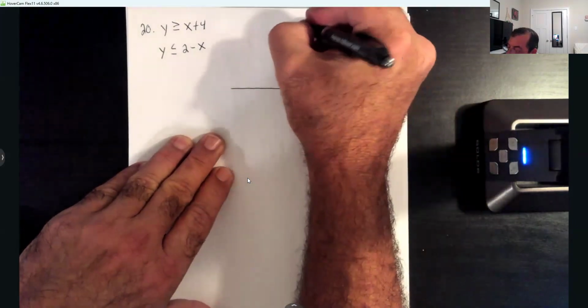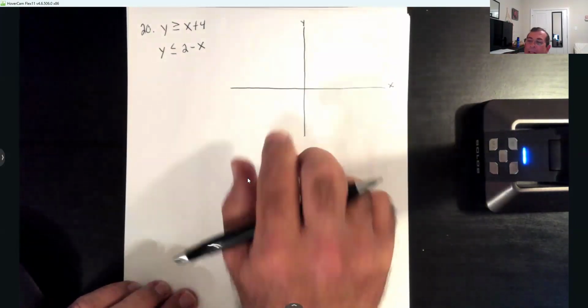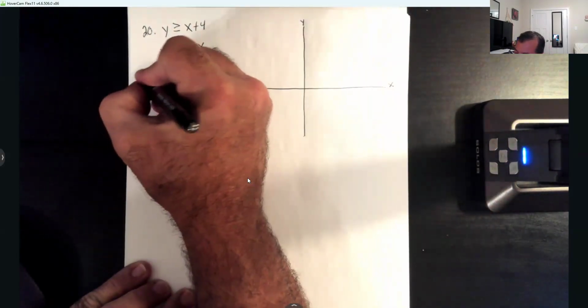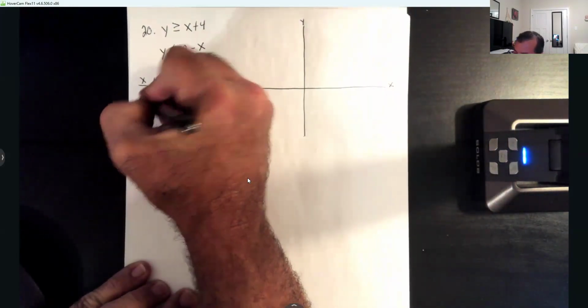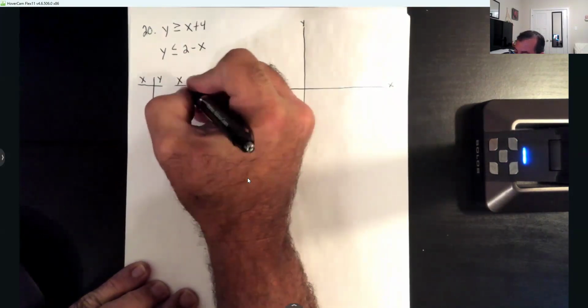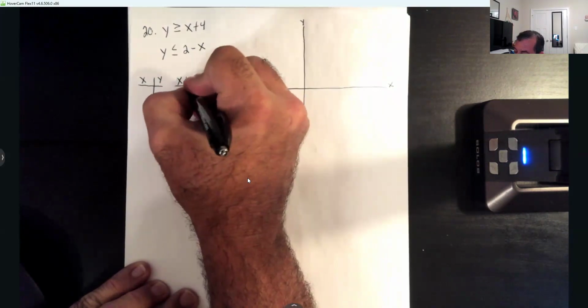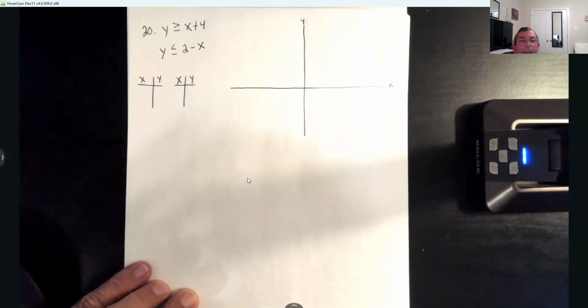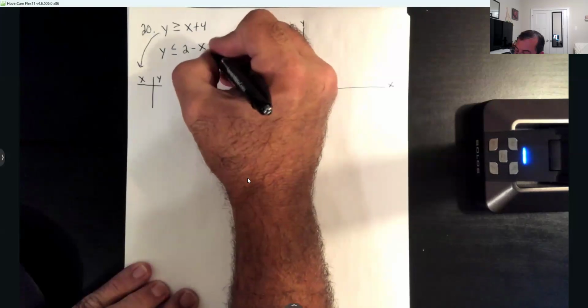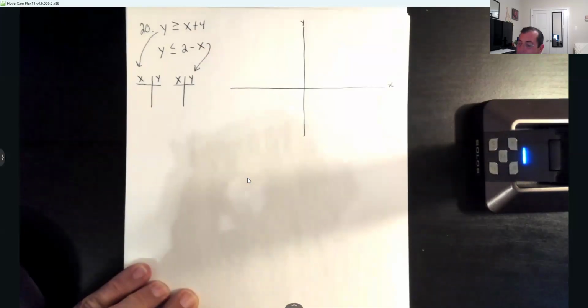Now, MathLab don't let us graph this one. They just got the final answers here. So we're going to have to make an X and Y table for each of these graphs. So I'll do the top one right here, and then that bottom one, I'll do right there.